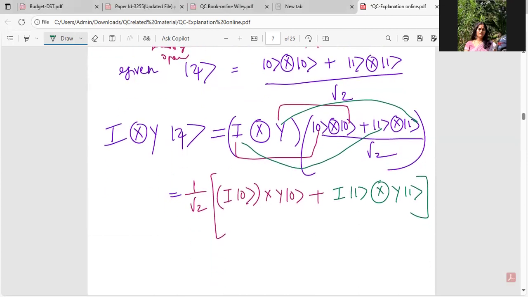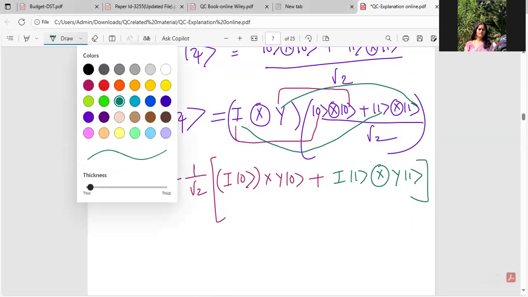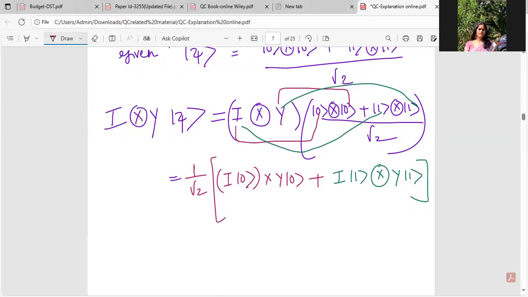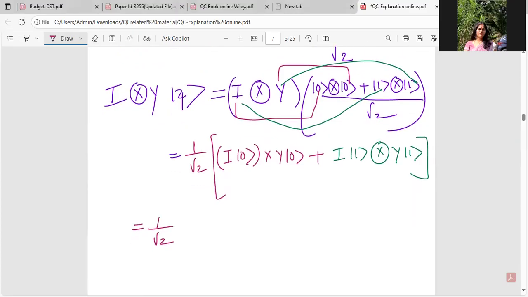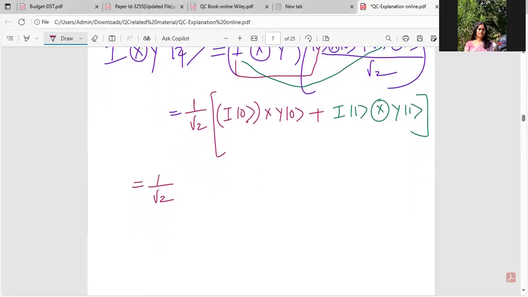So what happens is, 1 by root 2. I have all these results actually. I'll be checking. What I, when operated upon ket 0, would give me what? 1 0, 0 1. It's an identity operator, so I'll be having ket 0 only.